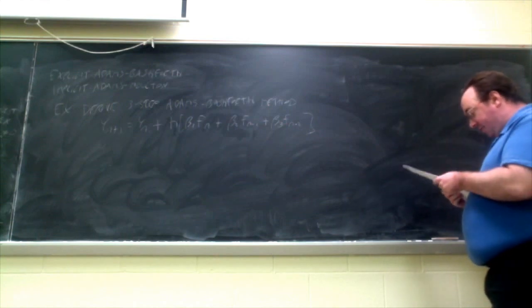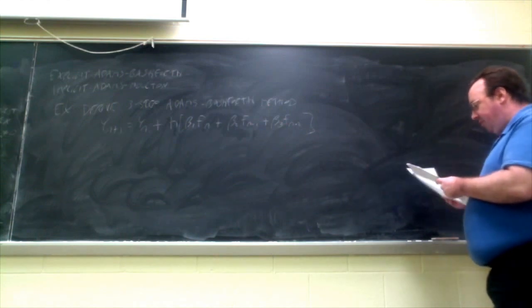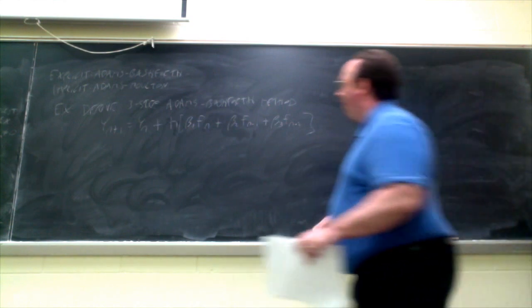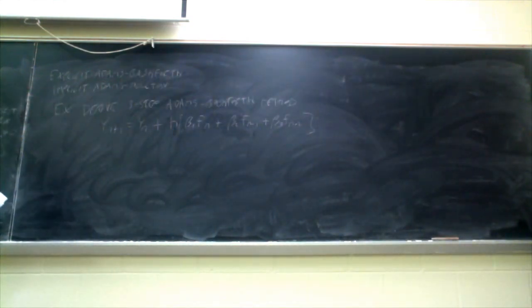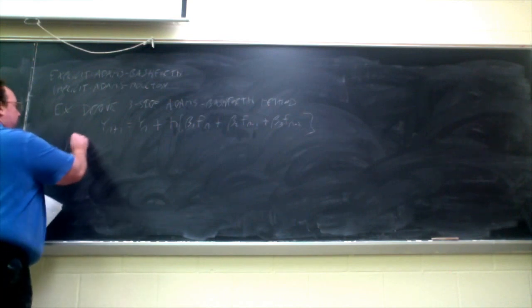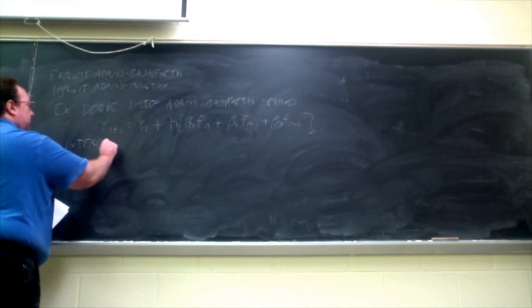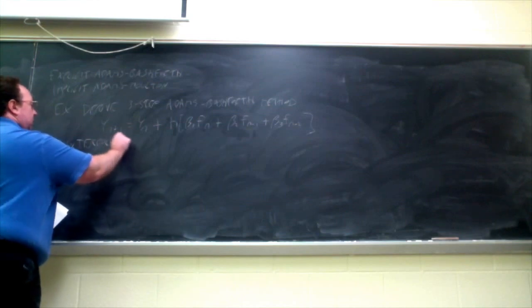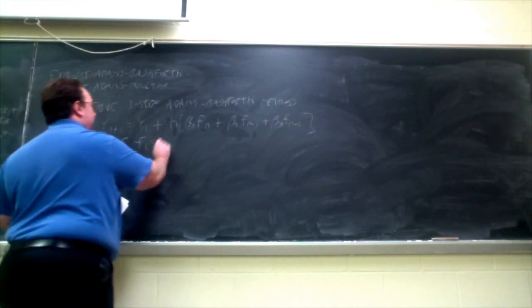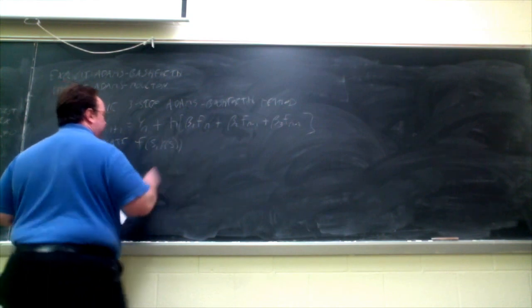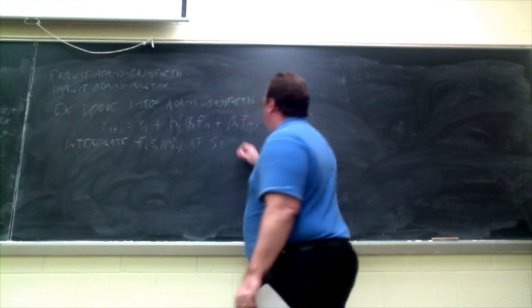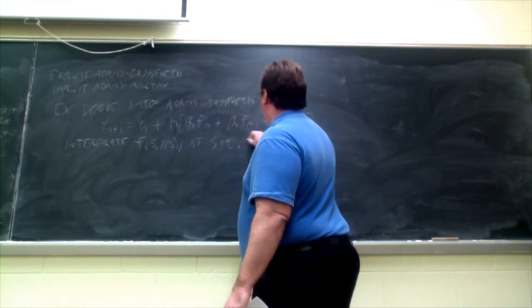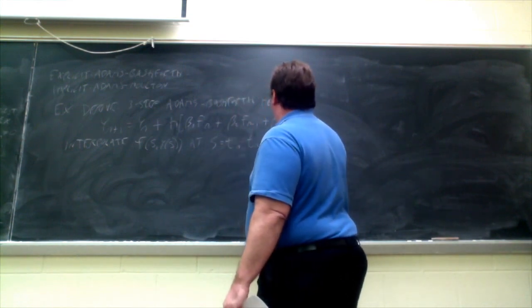Okay. So what I do is, since this is a three-step method, I interpolate f of s, y of s, this is my integrand, at these 3 points, t n, t n minus 1, t n minus 2.